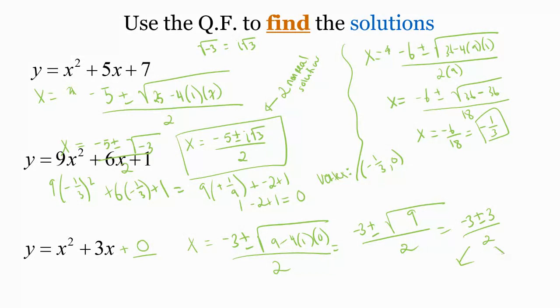So then it breaks off into 2. -3 plus 3 is going to be 0. So that's one of my solutions. It's rational and real. And then -6 divided by 2. So x equals -3. Amazing.